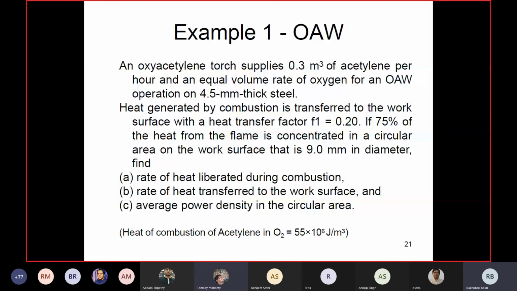The first part is 165 into 10 power 5 joule.